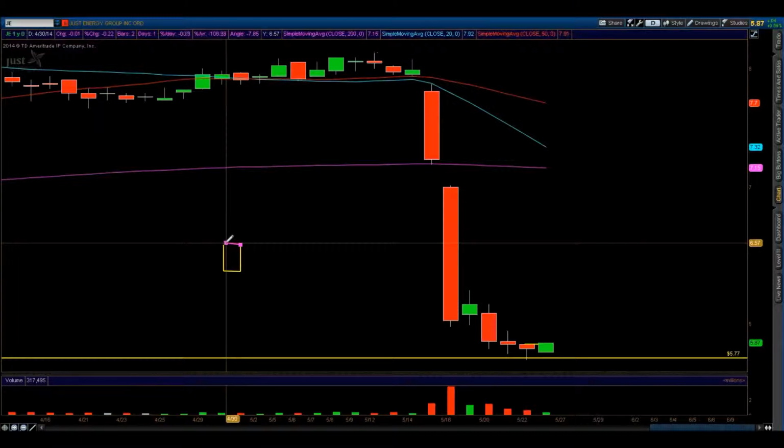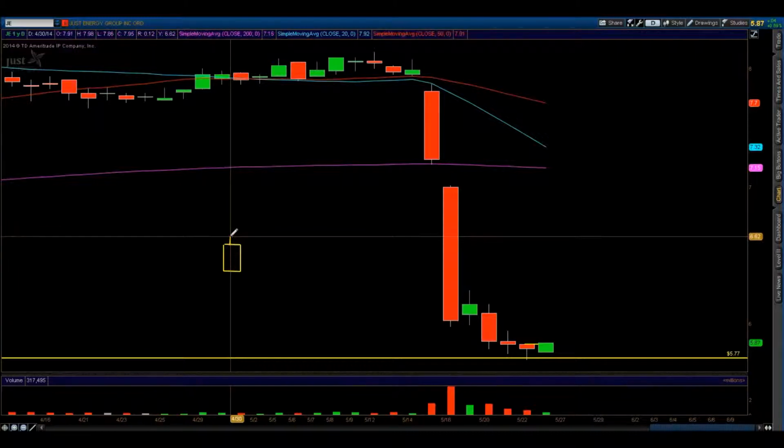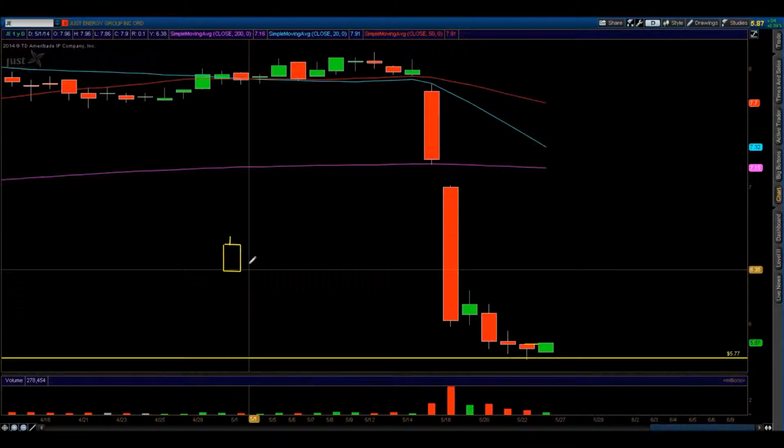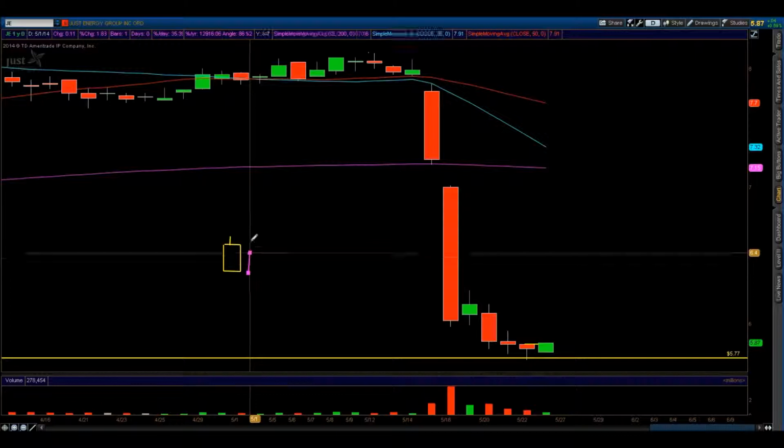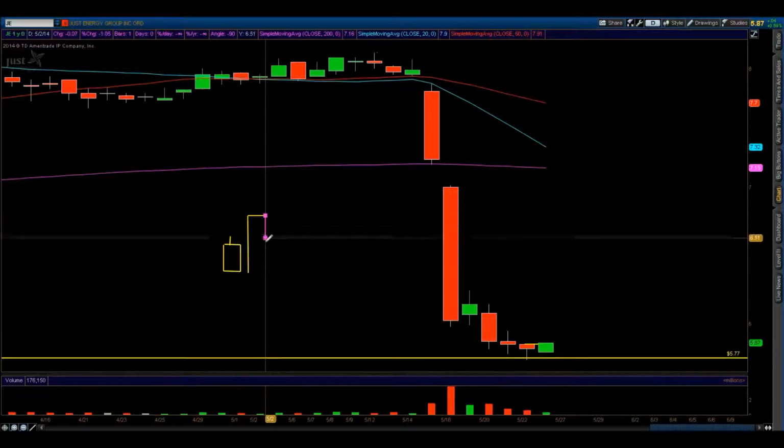So let's say you've got a candle like this. And then the next day, the stock decides to make a candle like this on the daily chart.